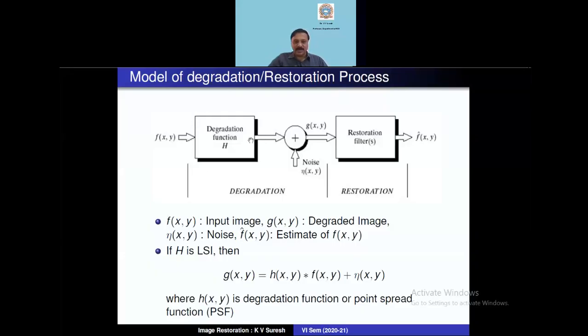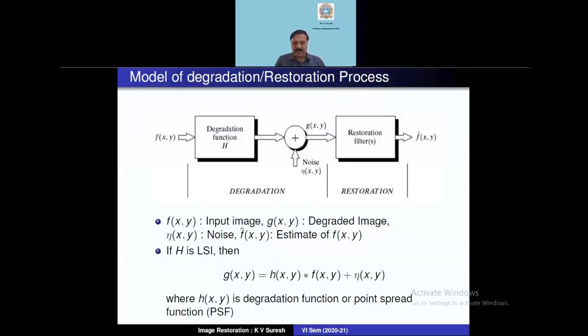So the assumption that we make for this black box, that is your degradation function, is that we assume it to be linear shift invariant. Now, can anybody tell me, we have another 2 minutes, so I want an answer for this question. What is the advantage in assuming that a system is linear and time invariant?